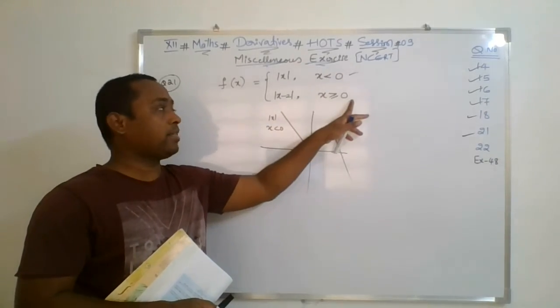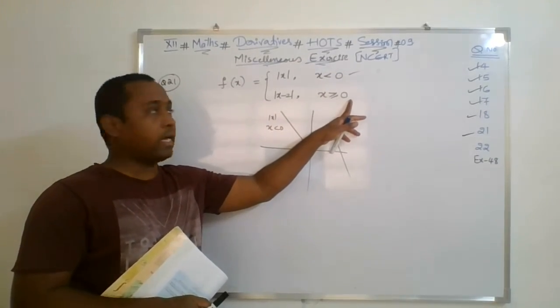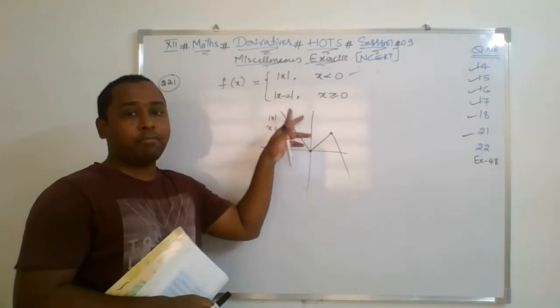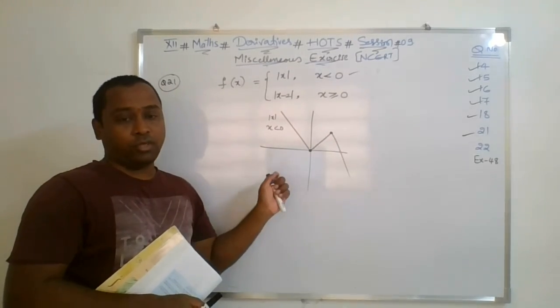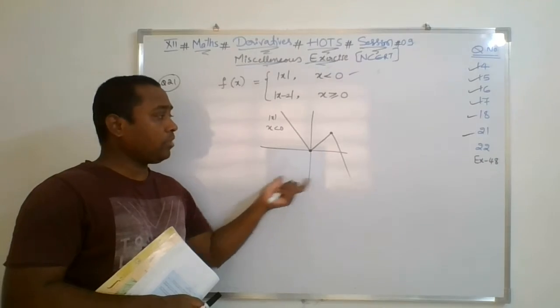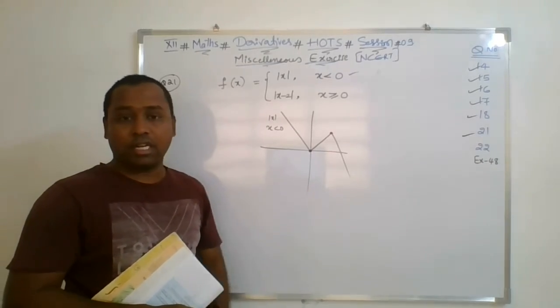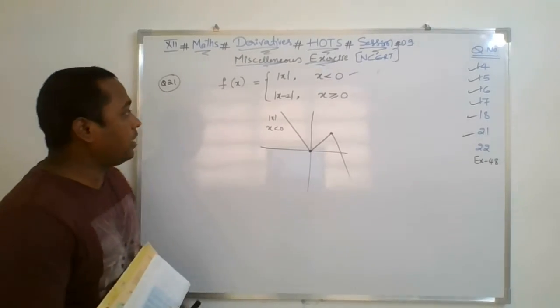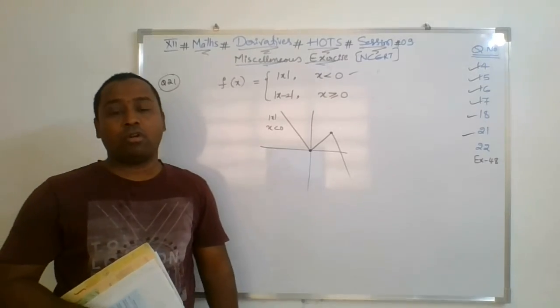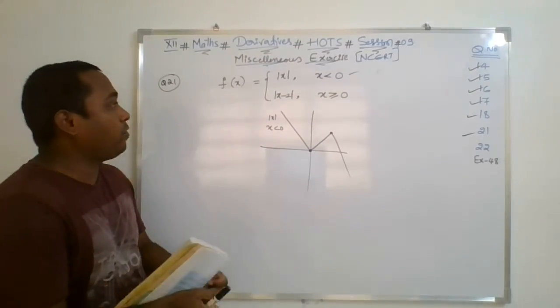I kept 0 as the common point so that both graphs are connected through 0, that is through the origin. That is the aspect. So you may go with the graph and explain it, right? It is a continuous function but it is not differentiable. So that is one way.